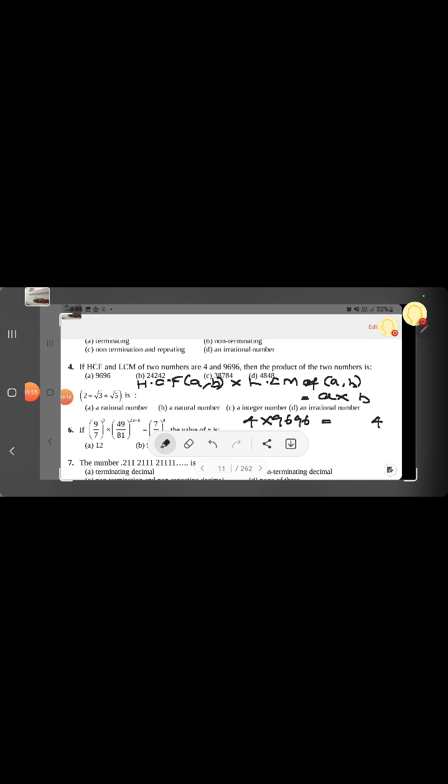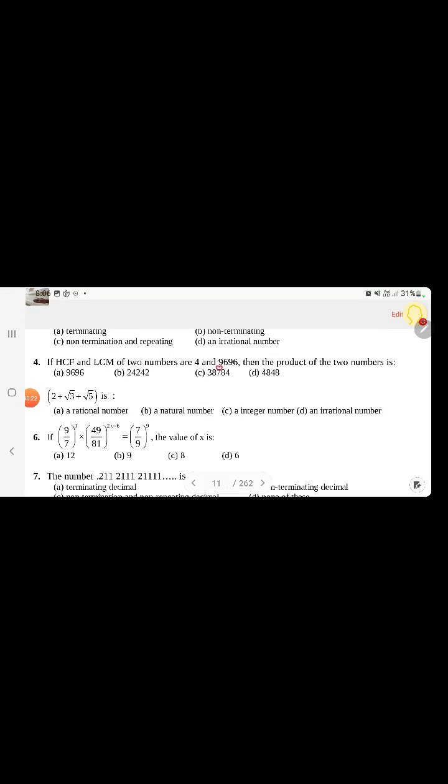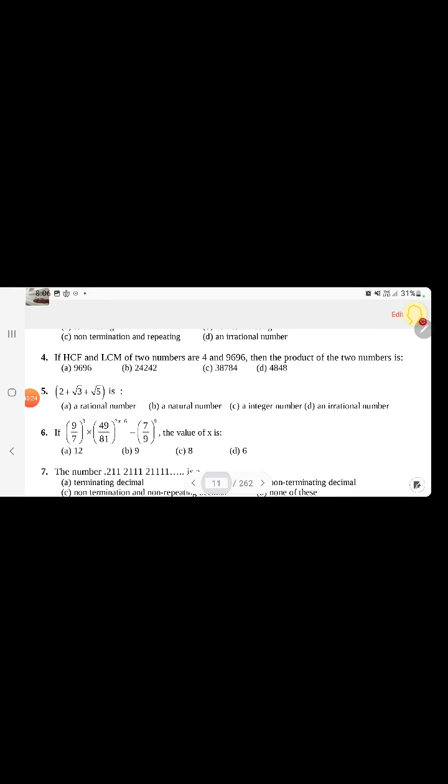So we get 38784. When you multiply the HCF and the LCM of any two numbers, we get the product of those two numbers. So here the product of the numbers is 38784. The option is option C.